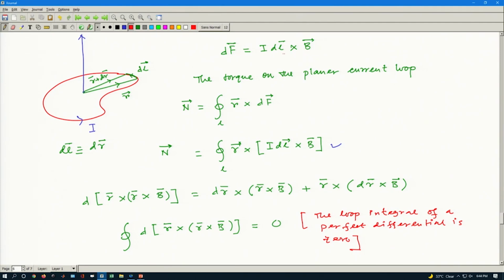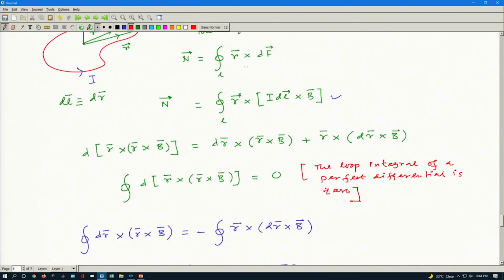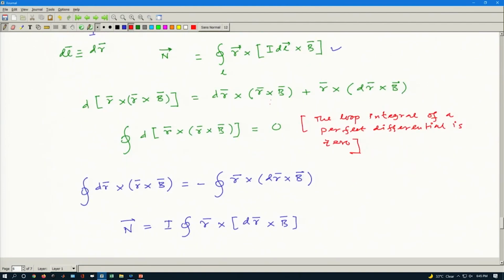So, this is q v cross B. I can write q v in terms of current and dl. So, it is the current element cross B. So, the torque should be r cross dF. In dF I just replace I dl, and then I can take this I outside because I is a steady current that is flowing.